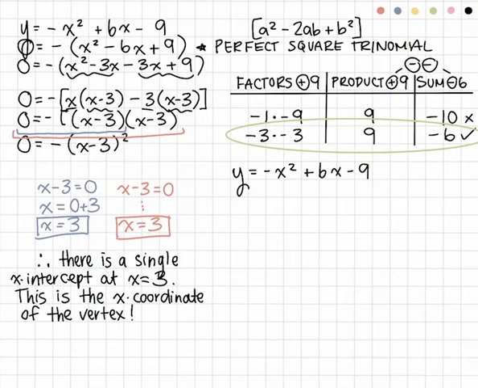If I'm going to solve for y, I'm going to set this to 0, this to 0, minus 9. Anything multiplied by 0 is going to be 0. So y equals negative 9. So that means when x is 0, y is negative 9.